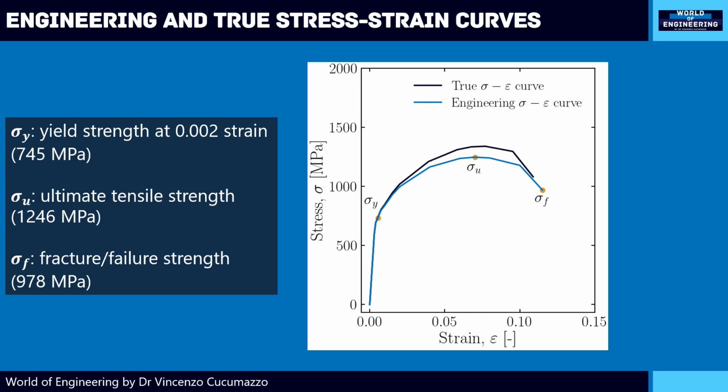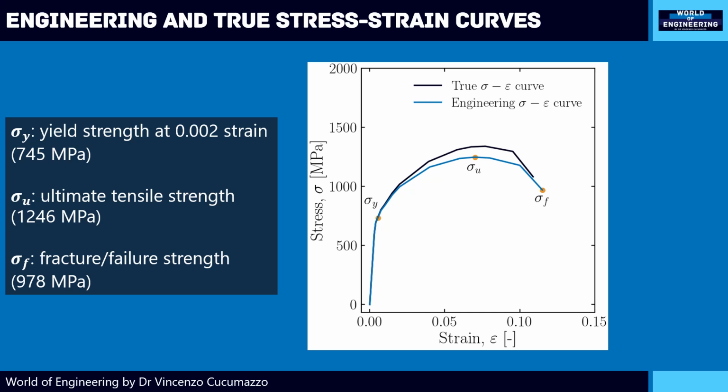After yielding, the stress necessary to continue plastic deformation in metals increases to a maximum value called ultimate strength, which is identified with sigma u here.